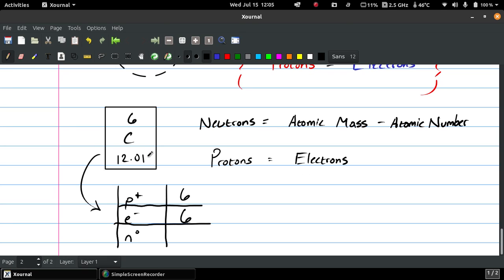You can ignore the 0.01, you're not going to have 0.01 of a proton or neutron, that's ridiculous. But anyways, we take 12 minus 6, we have 6 neutrons.